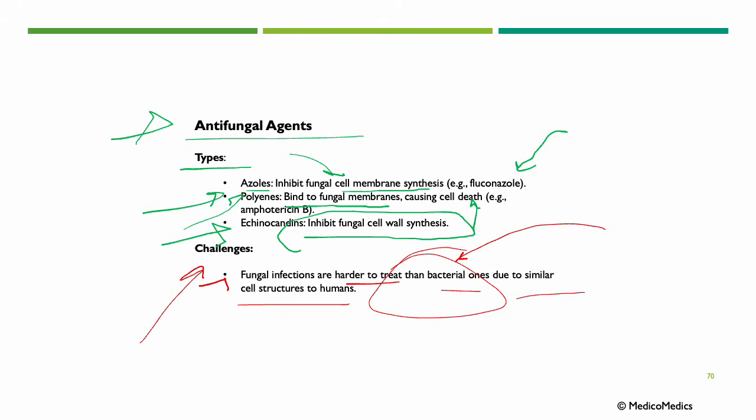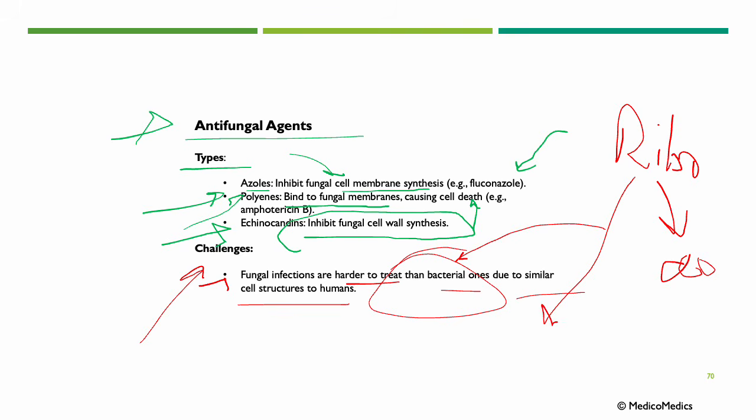Well, if you remember in our lecture, we talked about the ribosomes that are involved in the production of proteins, right? And that we identified that bacteria have different subunits compared to eukaryotic cells.